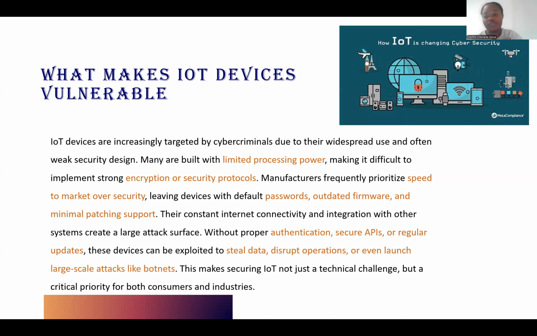Without proper authentication, secure APIs, or regular updates, these devices can be exploited to steal data, disrupt operations, or even launch large-scale attacks like the botnet that we're going to talk about in some slides. This makes securing IoT devices not just a technical challenge, but a critical priority for both consumers and industry.